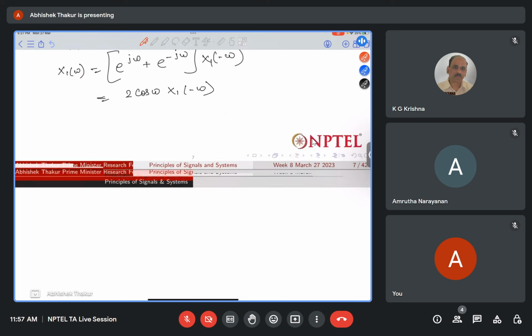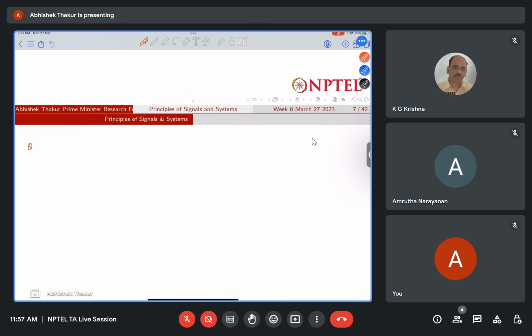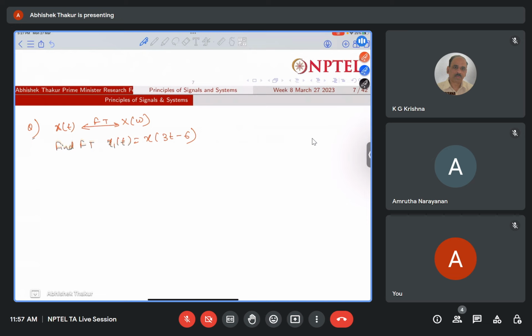We'll take another example. Let's suppose the Fourier transform of x(t) is given as X(omega). Then find the Fourier transform of x1(t) equal to x(3t minus 6). Here x1(t) is defined with respect to x(t) only, and time scaling has been done.